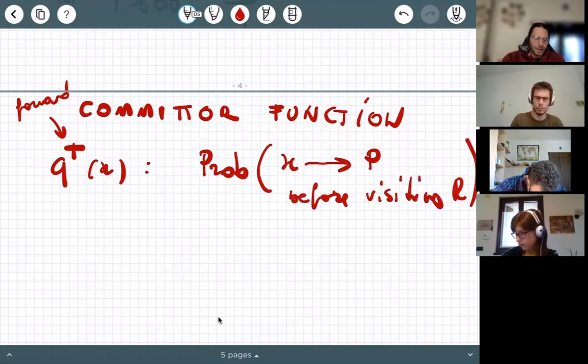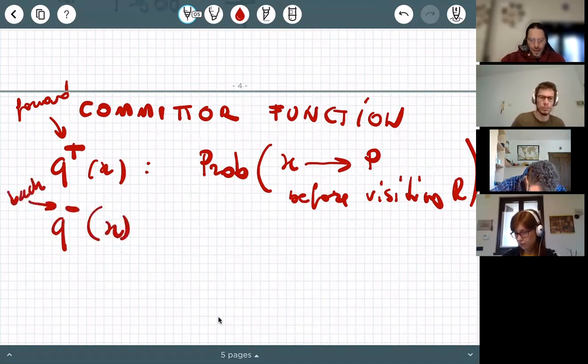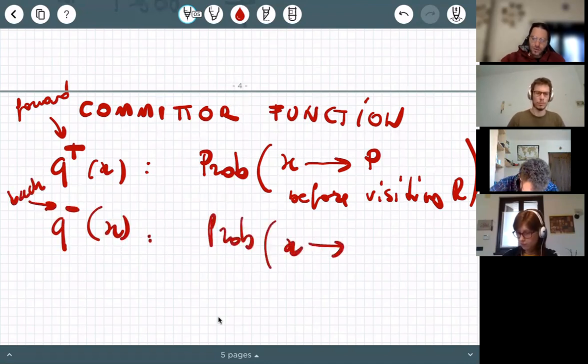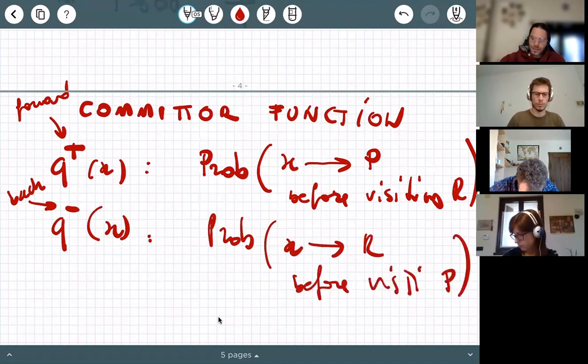And clearly the backward committor function is the same thing, the probability that I will land into the reactant before visiting the product.